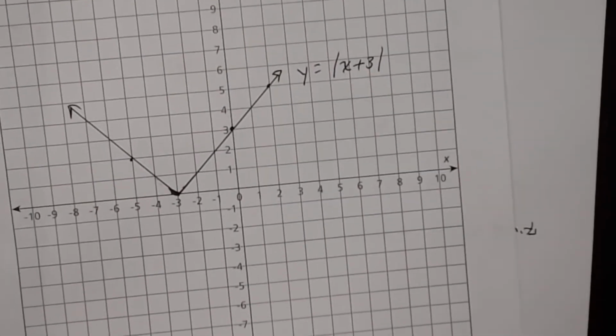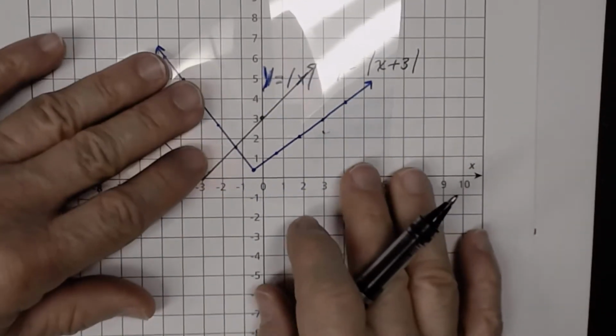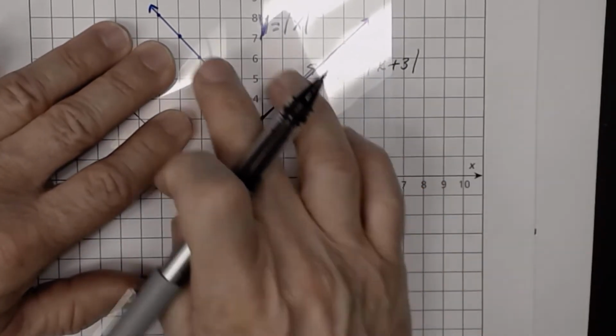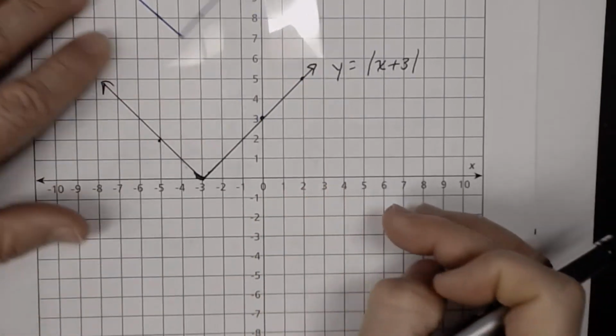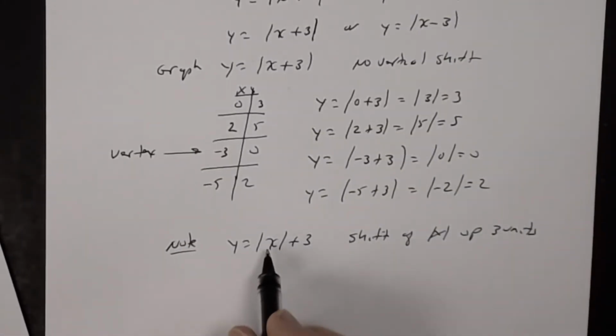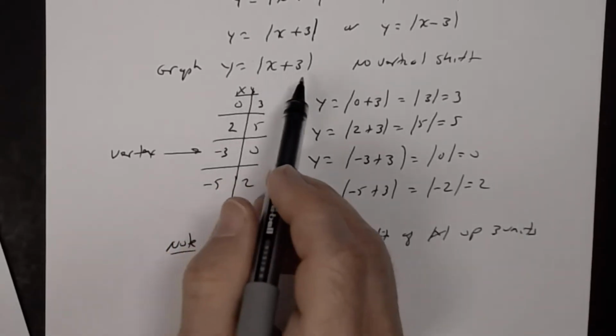Okay, so that means that this right here would be the absolute value of x plus 3. The absolute value of x plus 3, with the 3 inside the absolute value bars, is counterintuitive of what you would think.